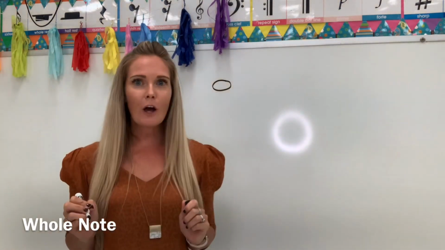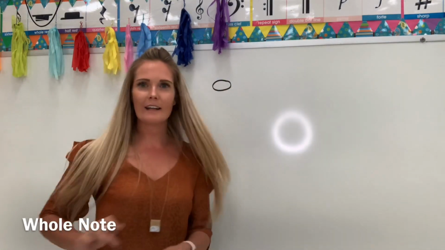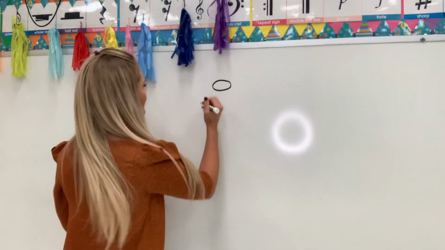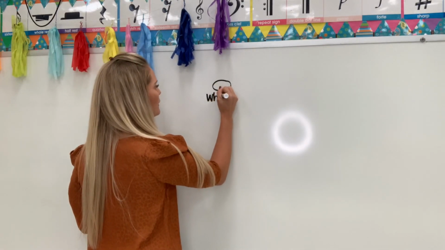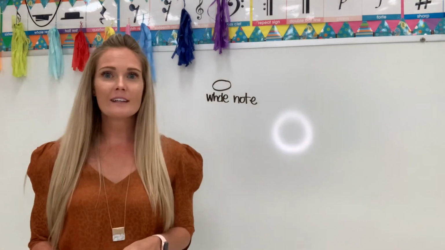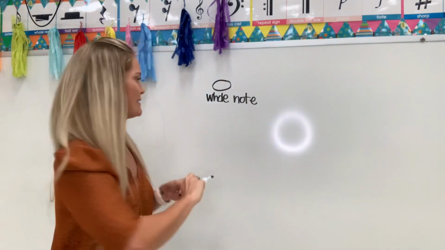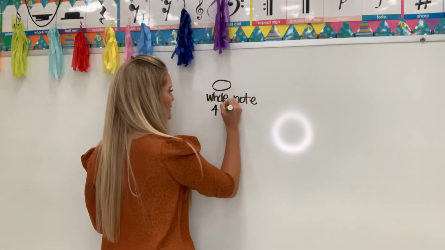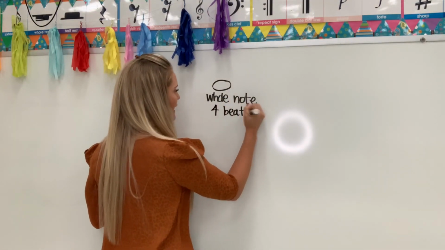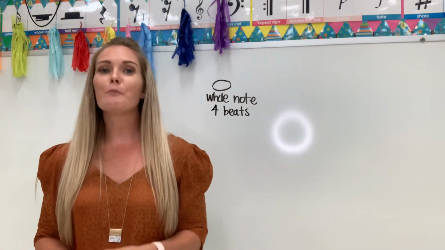A whole note looks like an oval, okay? Like a hole, right? It's not bubbled in or anything like that. This is our whole note. And the whole note, the longest note in music, gets 4 beats. So can everybody repeat after me? Say, whole note, 4 beats.